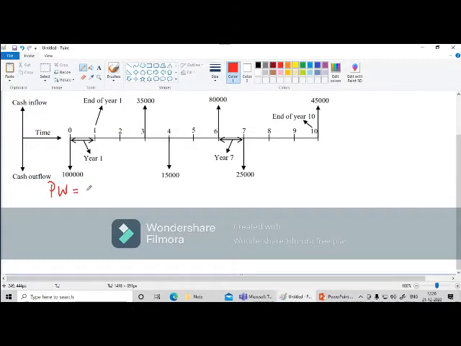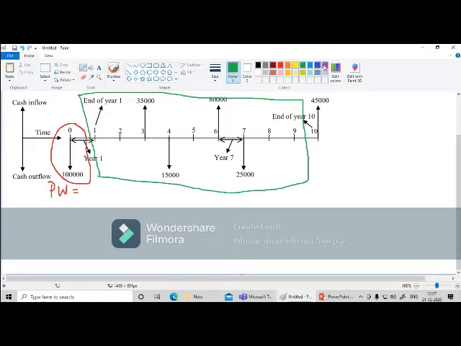So if I want to convert this complete cash flow, so now if you carefully observe this cash flow, only this value is at the present state. So apart from this, this complete set is annual state, and this is at the future state.